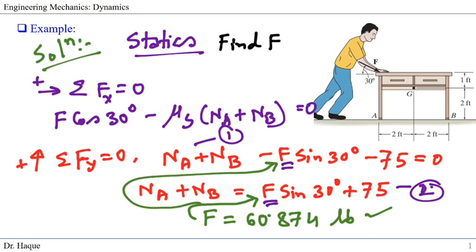So there will be only one equation, and since we have 2 unknowns, NA and NB, we cannot solve the problem. So we have to proceed to the dynamics part of the problem, and maybe we'll solve from there.